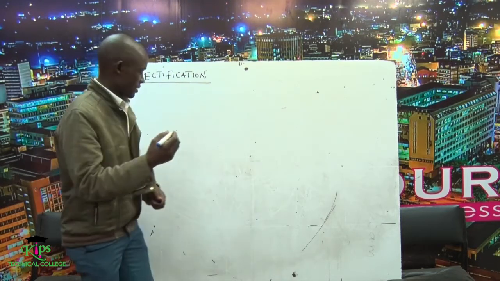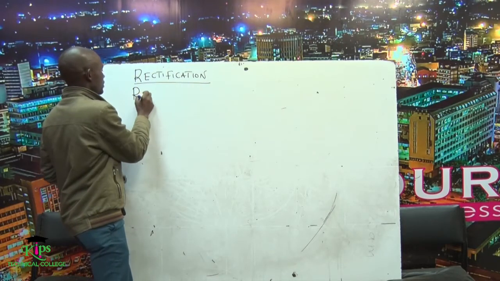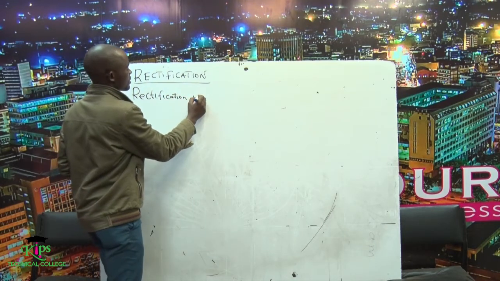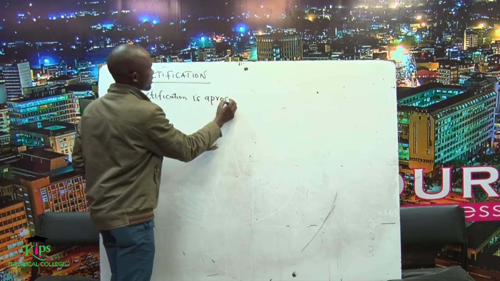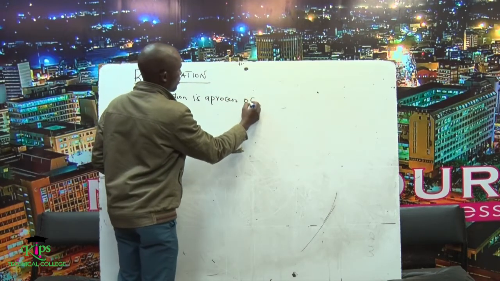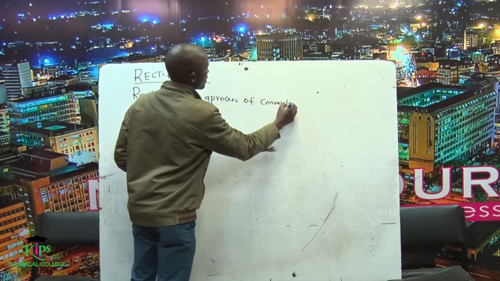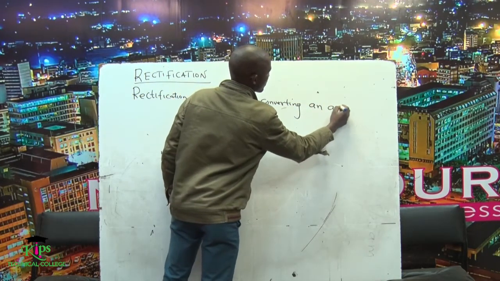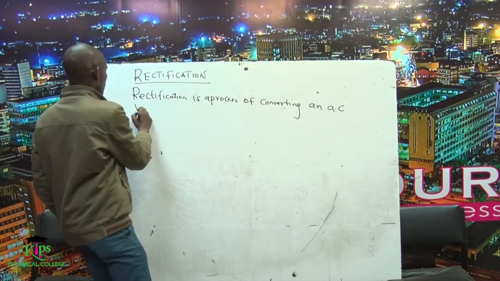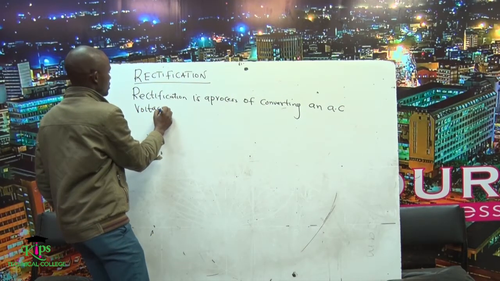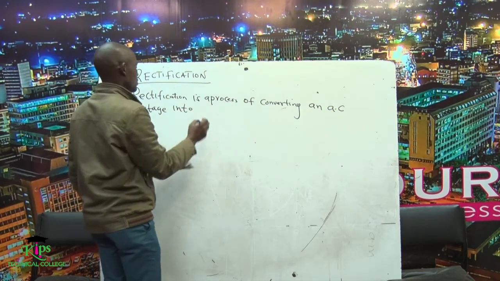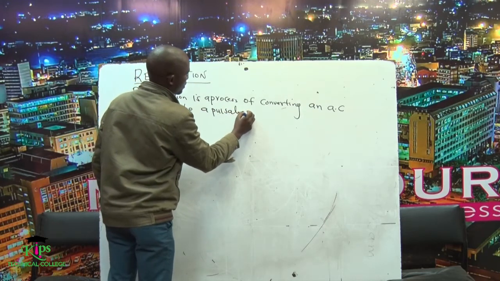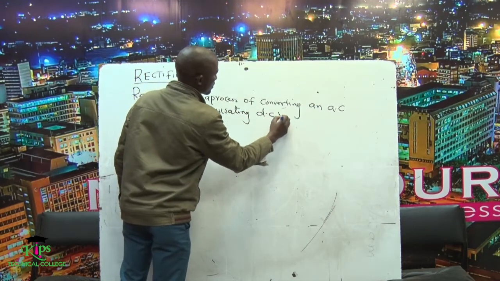Rectification simply means a process of converting an AC voltage into a pulsating DC voltage.